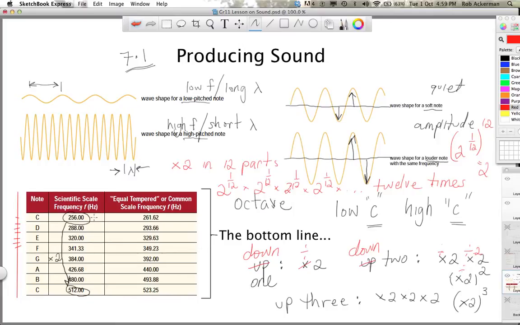So go try this. Multiply 256 by 2 to the 1/12th, and keep doing that on and on and on, and see what numbers you get here. And now remember, you're not going to get each of these, you're going to get some different numbers because they're only showing you the whole notes. They aren't showing you what are called semitones, but you will see calculator numbers pretty close to these if you try that.